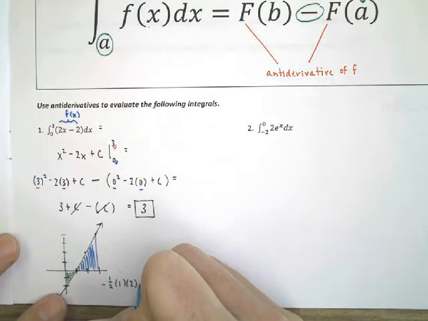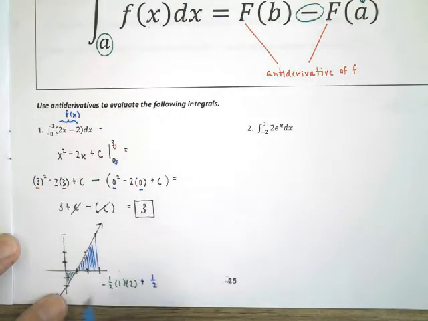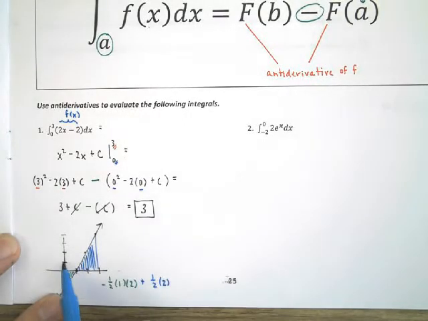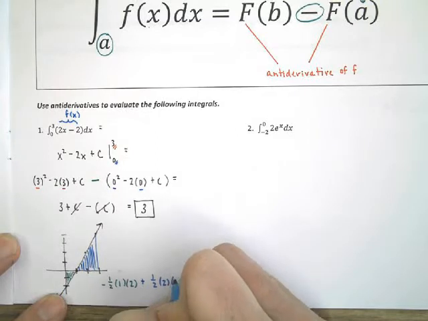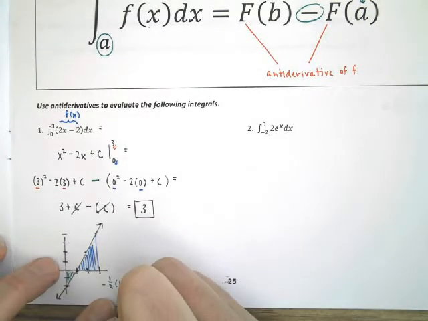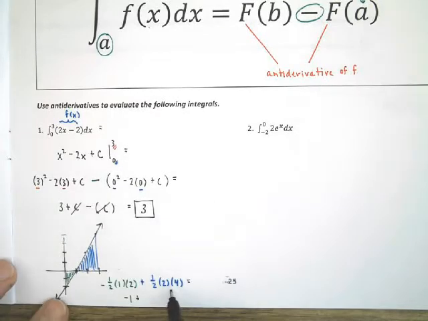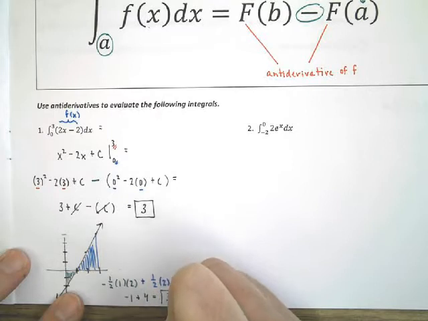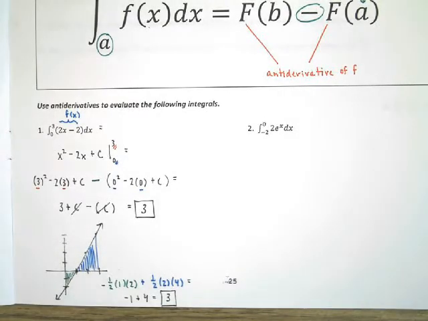And then I'm going to add 1/2, the base of this triangle is 2, and the height is 4. And so I get a -1 plus 4, and that's equal to 3. So again, there's kind of the visual of how this works. We're finding the areas of these triangles. Again, that's the same value as that integral.